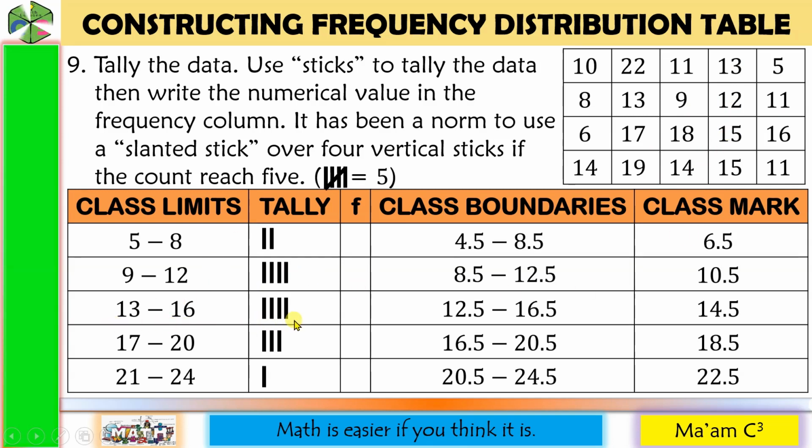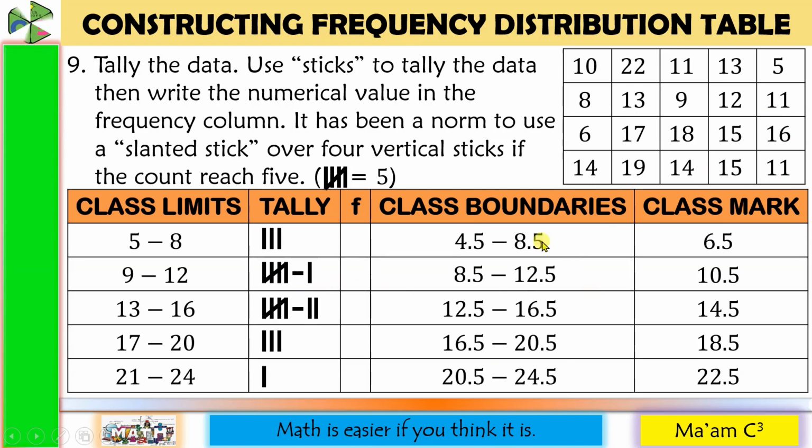It already reached 5, so we're going to make a slanted stick over the 4 vertical lines. Another 15, so another one here. 5, we have one here. 11 here. 16 here. 11 here.